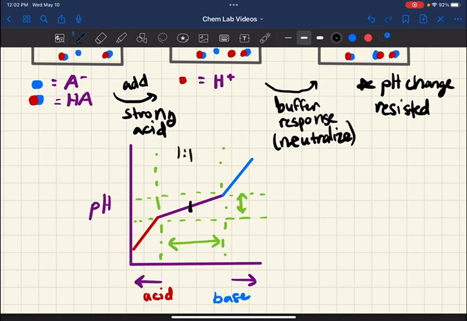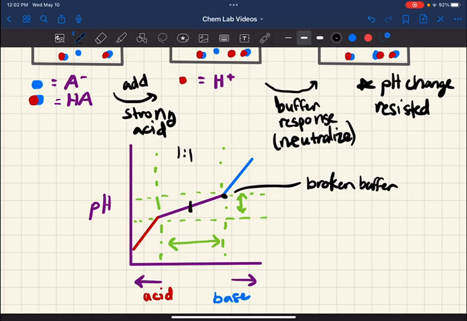If we begin to add base to our solution, we'll see the pH creep up a little bit, but then there's a point where it starts going up dramatically. And that point right there would be the edge of the buffer. So I'm just going to label this as broken buffer here, at that point where the slope has an inflection point.